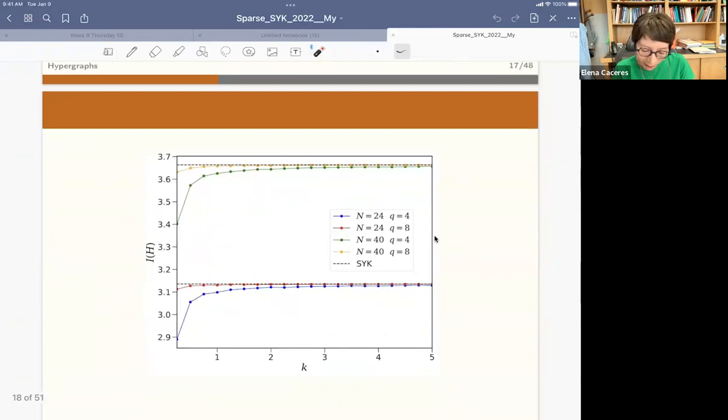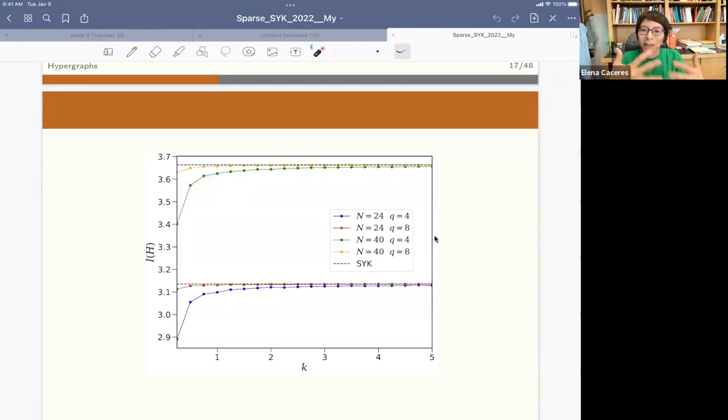So from here you can see that the Q equals 4 is the blue, the Q equals 8 is the red. So the Q equals 4 takes longer to asymptote to the SYK result than the Q equals 8, right? Intuitively, you can see that the Q equals 8, so your SYK with 8 Majoranas, is much more connected.